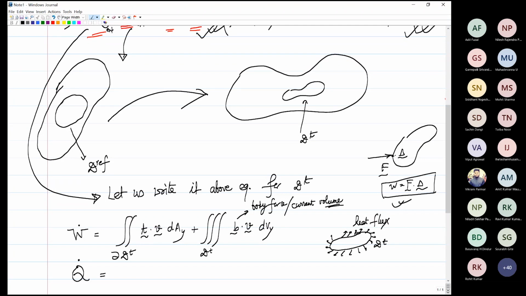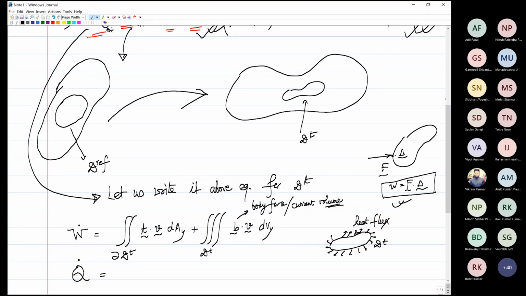Okay, so coming back to Q dot. Can you tell me in what way can heat be supplied to this part of the body dt? One is, we saw that heat flux. You see that it's an internal part of the body. And even from this internal part, heat may be going to the remaining part of the body, right?